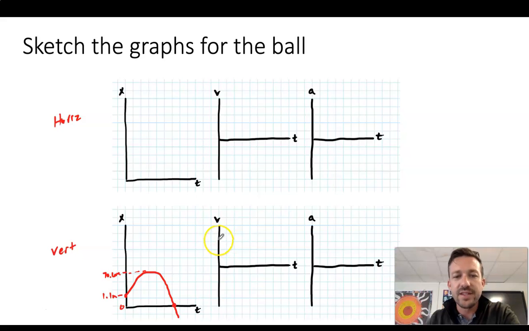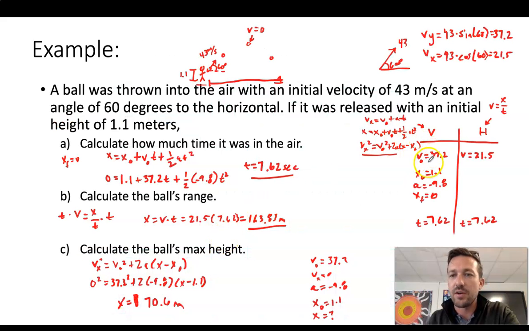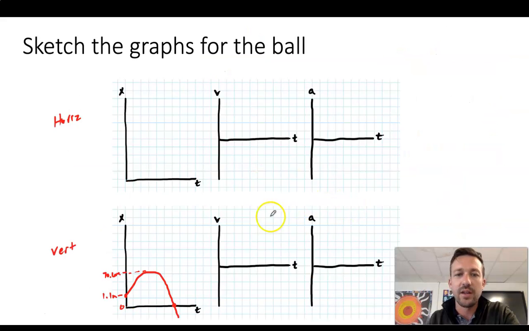The velocity, remember vertically it started with a velocity of 37.2, right? So we need to make sure that it starts at that vertical velocity, 37.2. You can make a mark of what it was, right? And then it is going to decrease down to 0, right? That's at the max height right here.